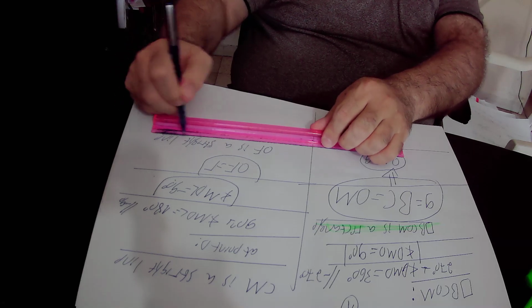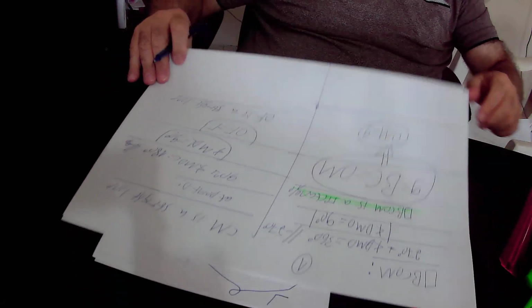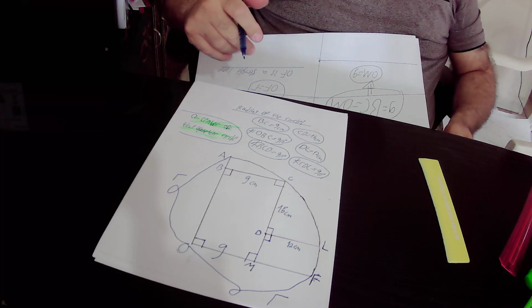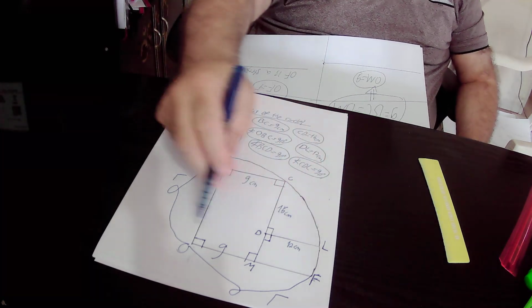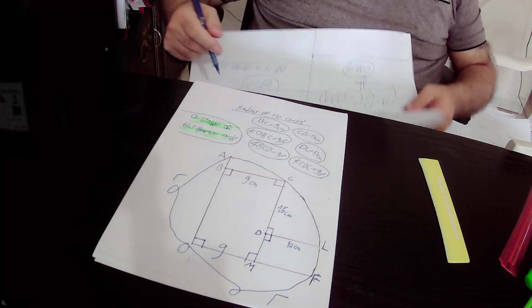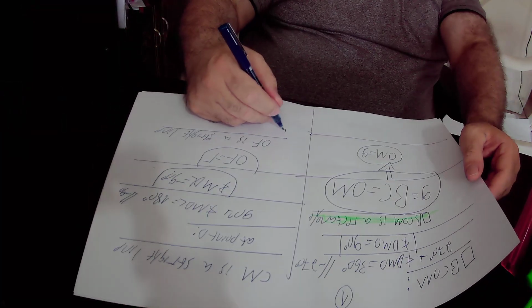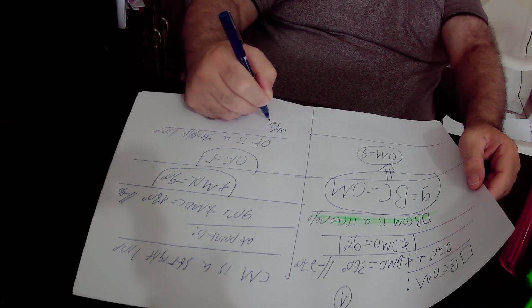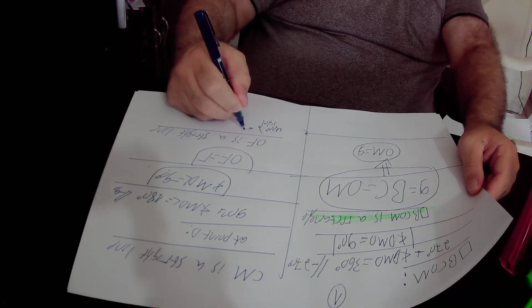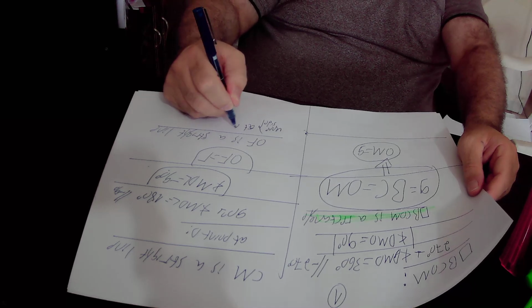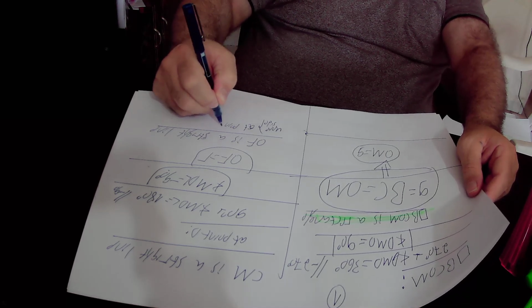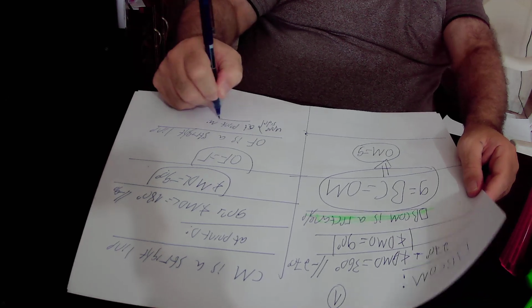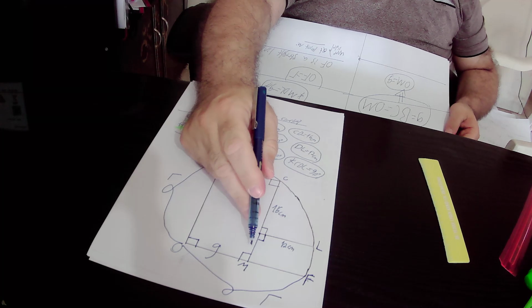So if we focus on the upper side of the straight line OF at point M, the sum of the angles here must be equal to 180 degrees.